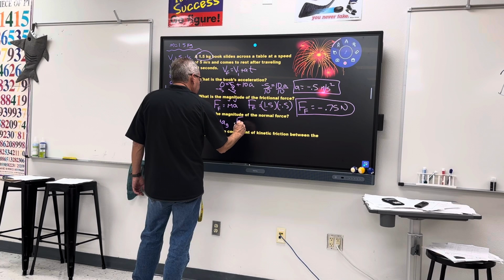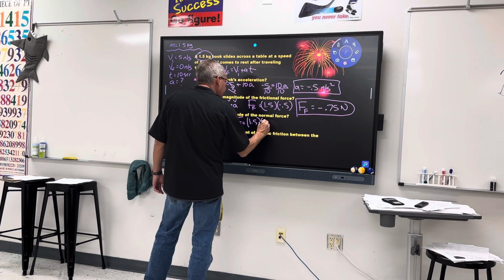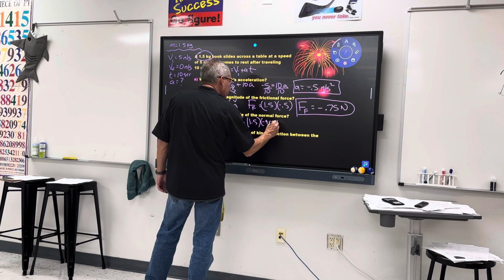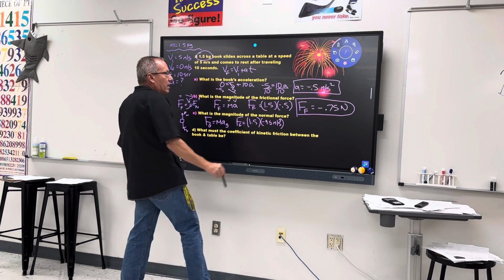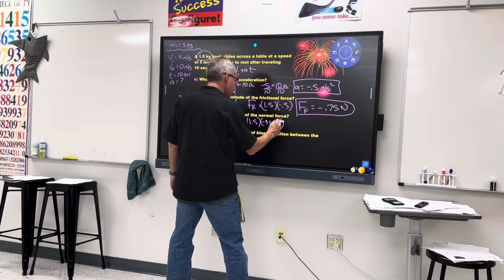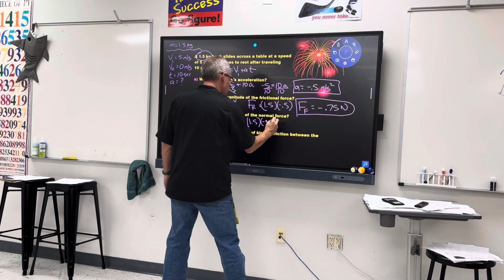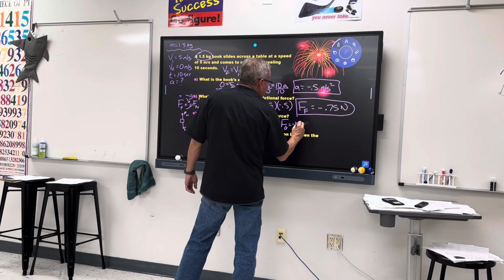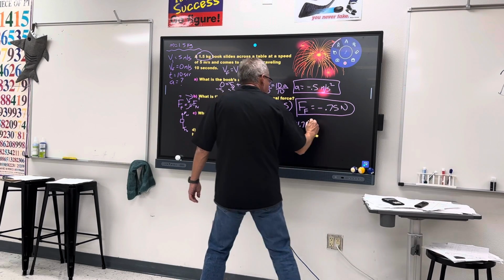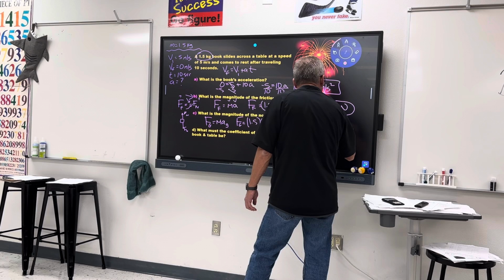Force of gravity is going to equal 1.5 times negative 9.8 meters per second squared. What's 1.5 times negative 9.8? It's going to be negative 14.7. So the force of gravity is going to equal negative 14.7 newtons. That means my normal force is going to be equal to 14.7 newtons.